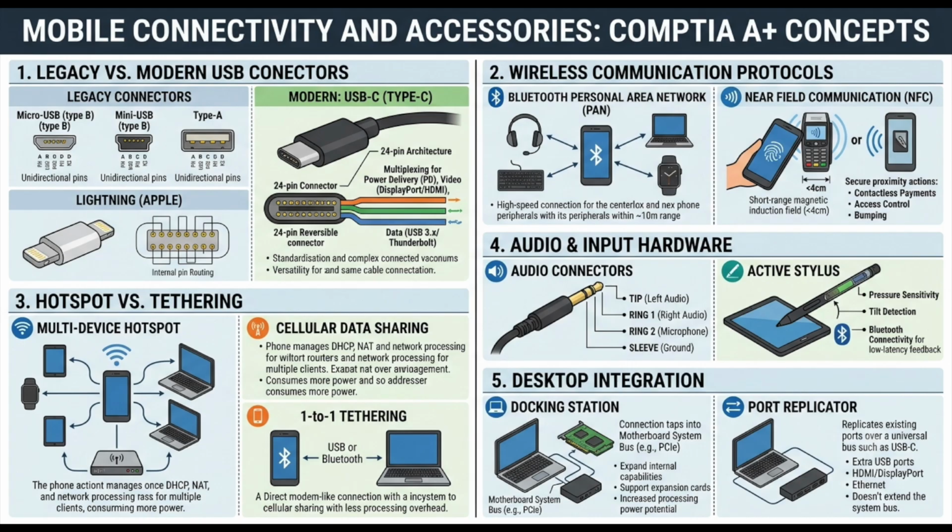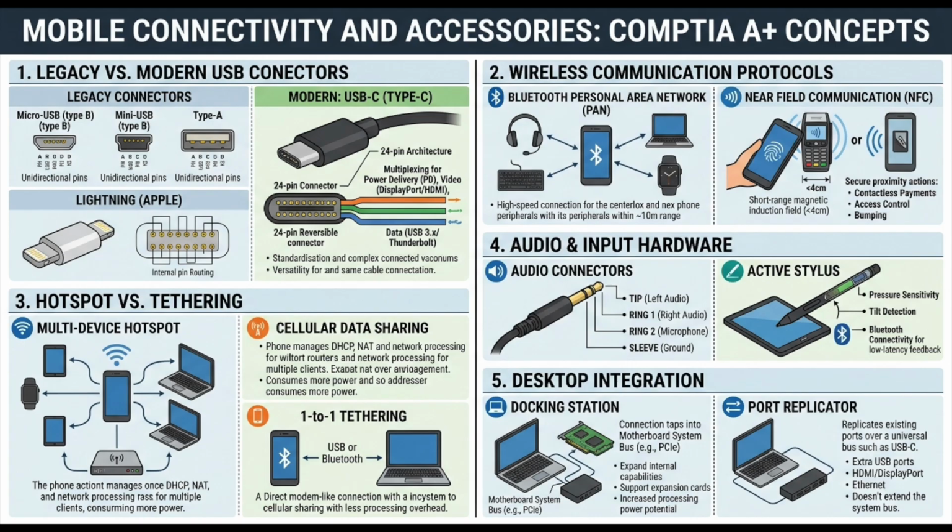Well, we have journeyed through an immense amount of architecture today. We started at the physical layer, tracing the evolution from those frustrating unidirectional USB plugs to the brilliant 24-pin multiplexing of USB-C. We explored how the invisible web operates, contrasting the localized, secure magnetic induction of NFC against the broad, high-speed broadcast of a Bluetooth personal area network.